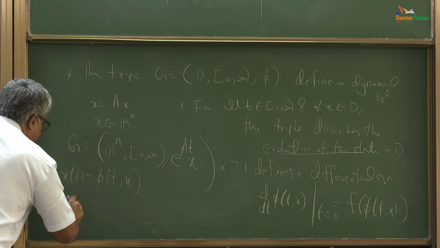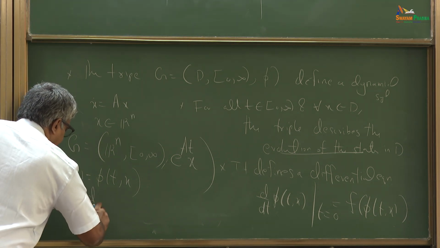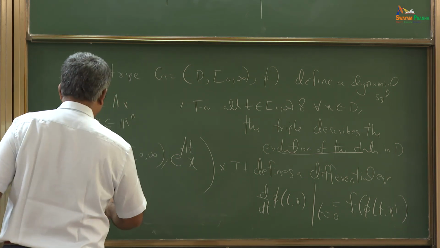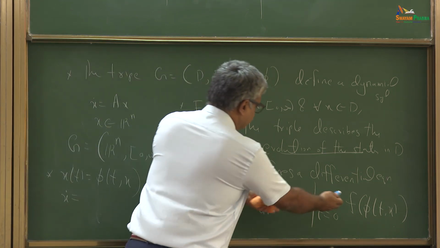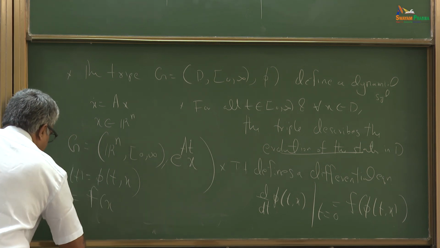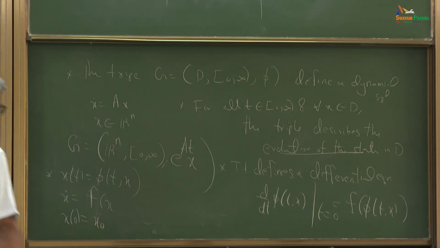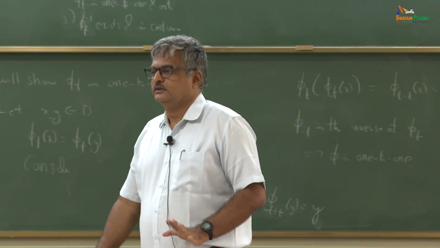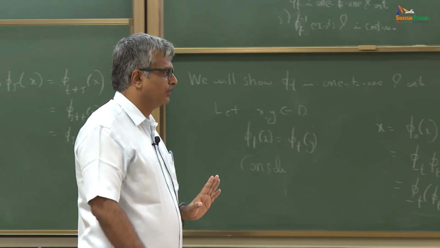Our familiar differential equation, x dot is equal to d by dt of this flow evaluated at t equal to 0, with initial condition some x naught. So the flow is nothing but the solution of the differential equation for a given point, if you fix that point. That's all we wanted to say.